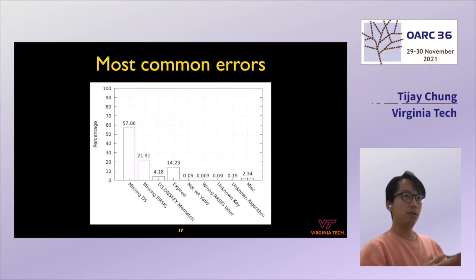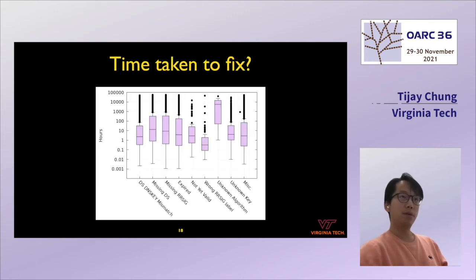And we can also estimate the most common errors. As we might expect, the missing DS record is over 57%, which is not good news. And because domain name owners use DNSViz multiple times until they fix their errors, we can briefly estimate how long it takes to fix a specific error.